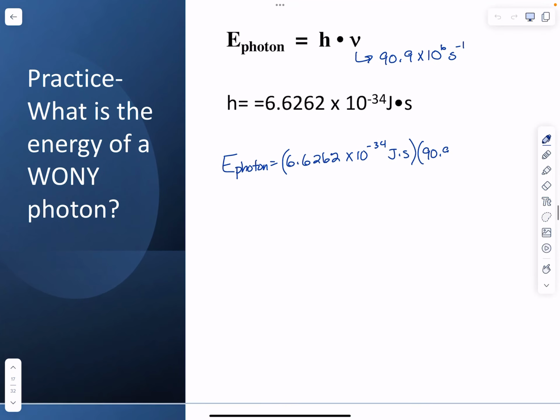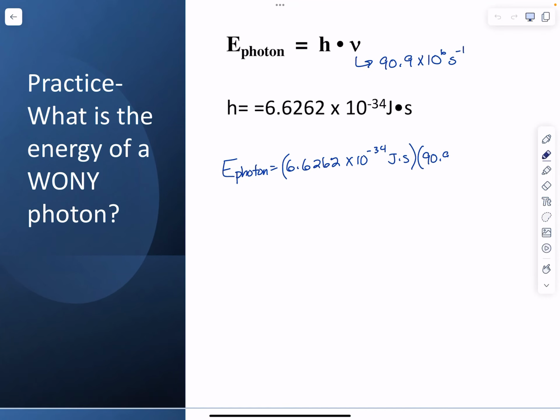90.9 times 10 to the 6th per second. All right, and that comes out to be 90.9, 6 times 6.626 E minus 34 times 90.9 E6.